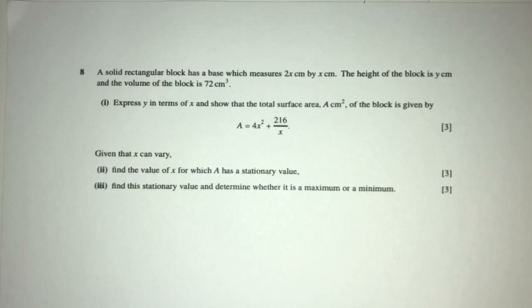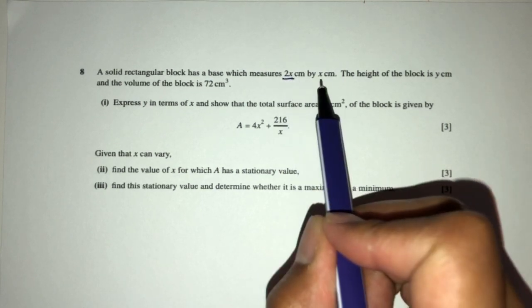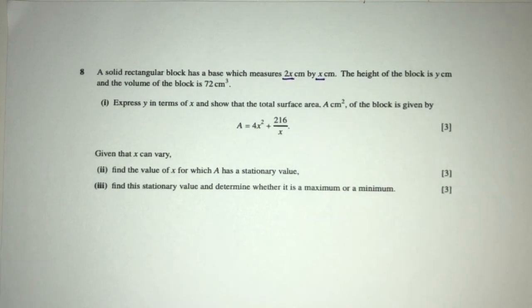A solid rectangular block has a base which measures 2x by x centimeters. Now again, the one thing we have to do in this kind of question is have an idea of how it looks, because going off these kind of questions can be confusing as you move on. The best thing to do is let's draw something so we know exactly what we have to deal with.